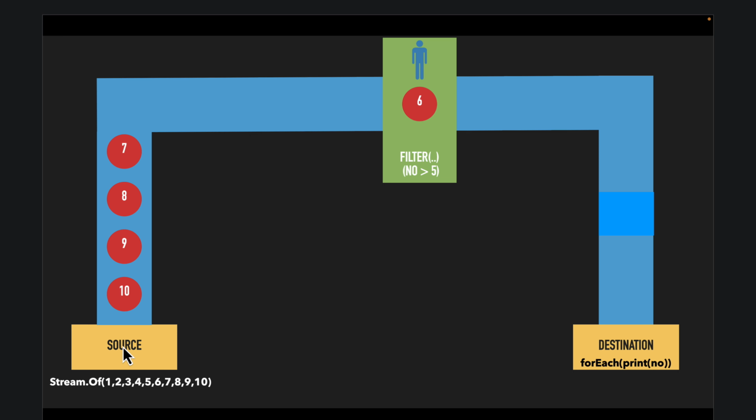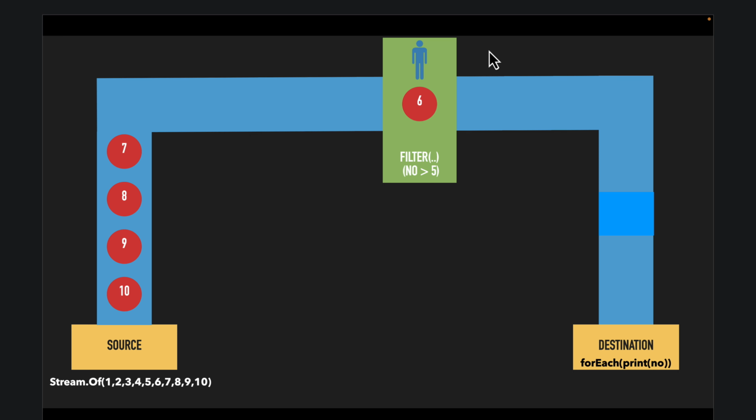Make sure this source is always immutable, because the of method is going to return you a stream, and streams are always immutable in nature. That means the original source that you have cannot be changed, right? So even though you are applying this filter over here and filtering numbers, let's say 1 2 3 4 5 6 7 8 9 10, whatever numbers you have, they will keep being processed through this filter one by one. But after filtering, it will set up a new data pipe.